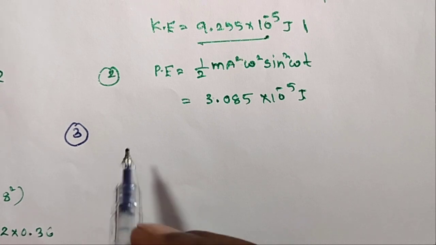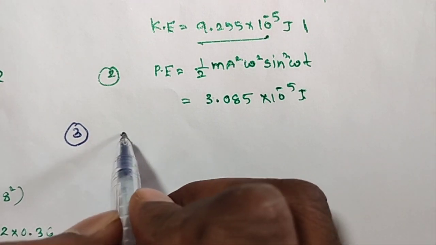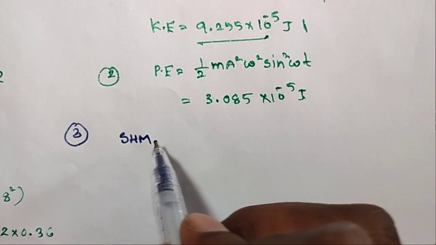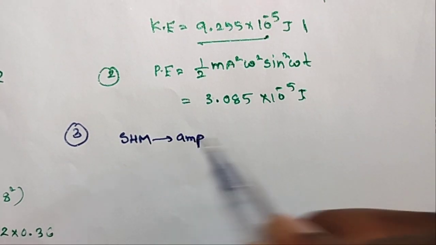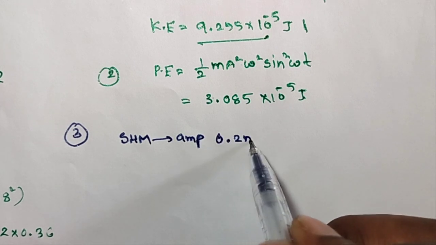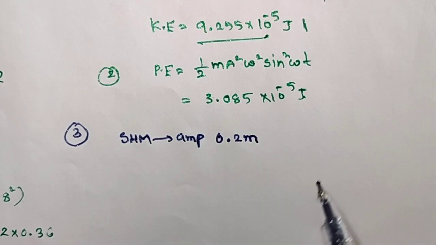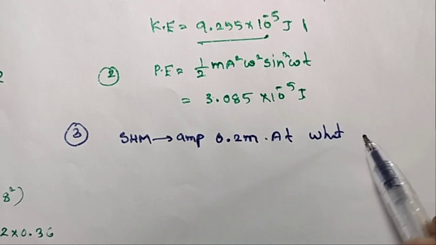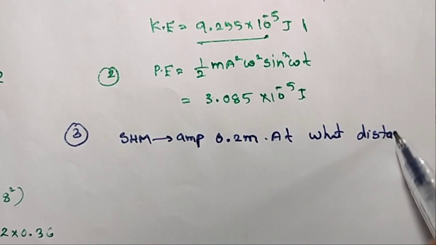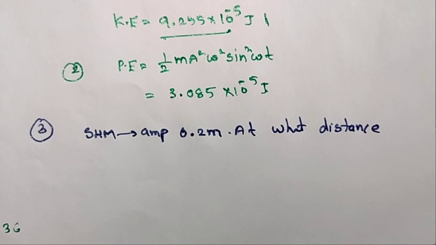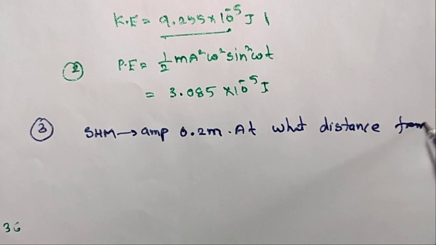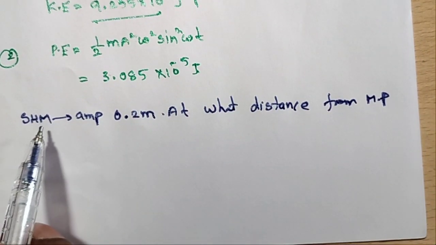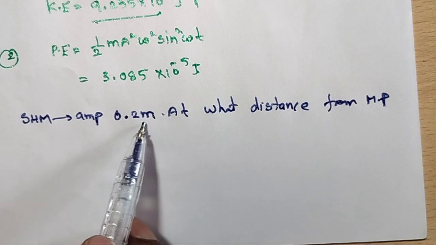Next problem. A particle is executing simple harmonic motion with an amplitude of 0.2 meters.